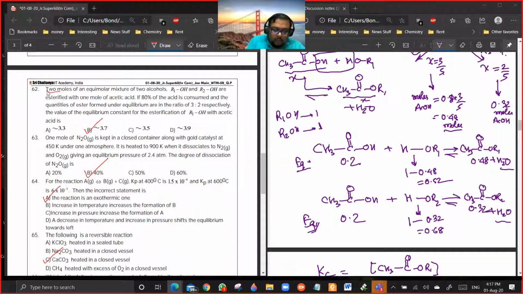If total moles is 2, then you are having 1 mole of R1OH and 1 mole of R2OH, no? Equimolar mixture means you have equal ratios of A and B, total moles are 2, and the mole fraction of each component is 1 by 2. So R1OH will be 1 and R2OH will be 1, no?